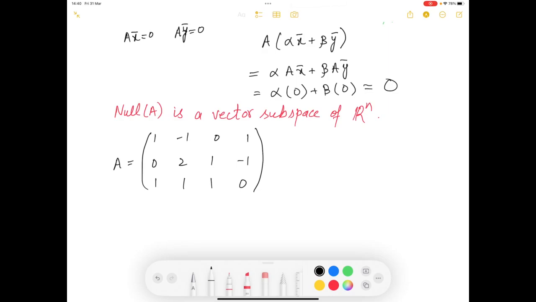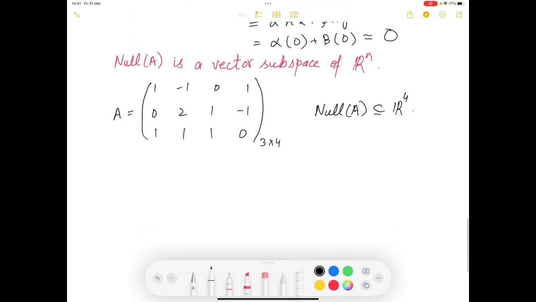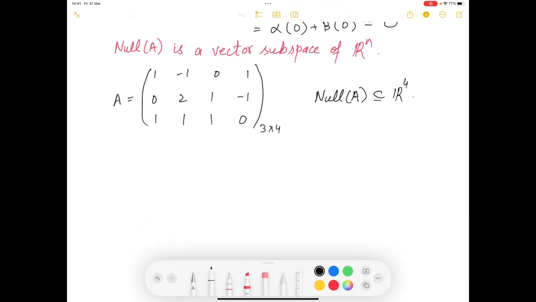It's a 3 times 4 matrix. It means the null space of A would be a subspace of R4, because it has 4 columns, so it will be multiplied with a vector of length 4. Then how will we find its basis and dimension?